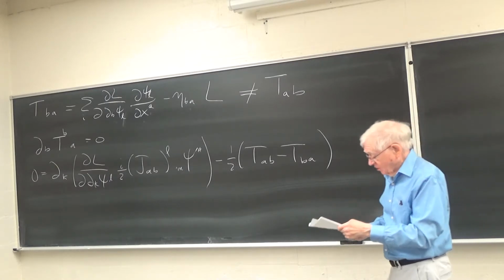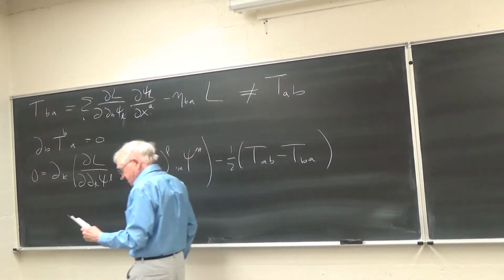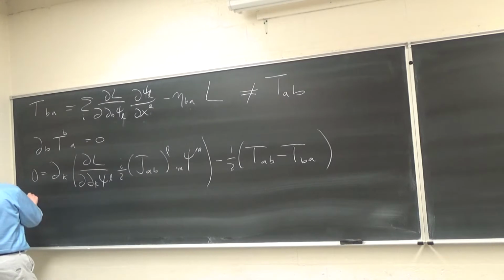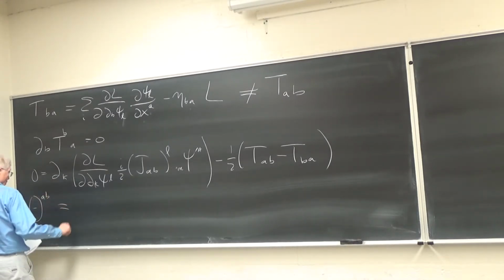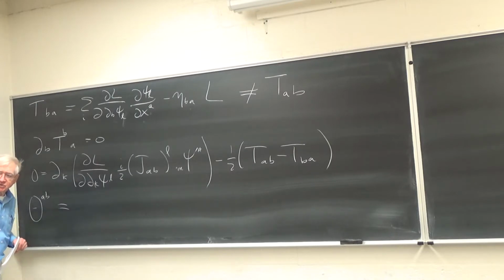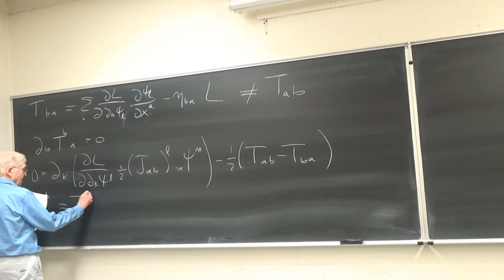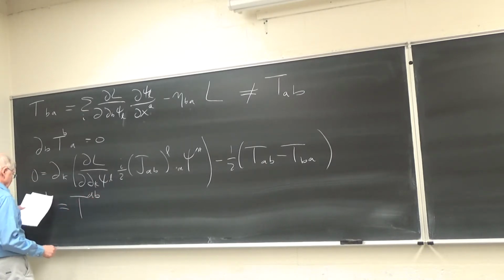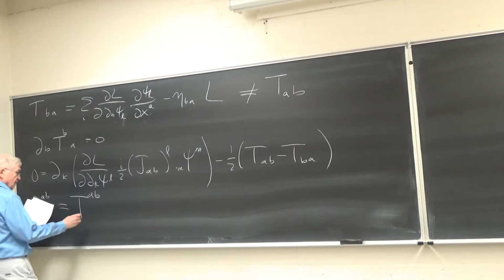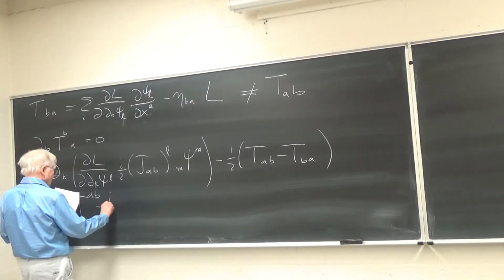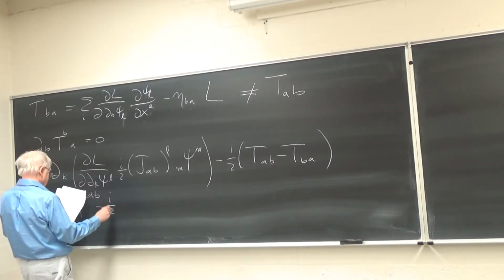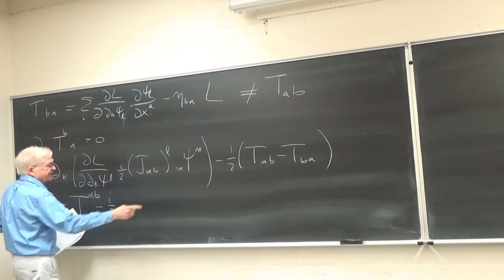And so what Belinfante did was to find a new energy momentum tensor that people traditionally write as capital theta AB, and it's TAB, and it's a rather complicated expression. It's this term, basically, this term written 3 different ways.